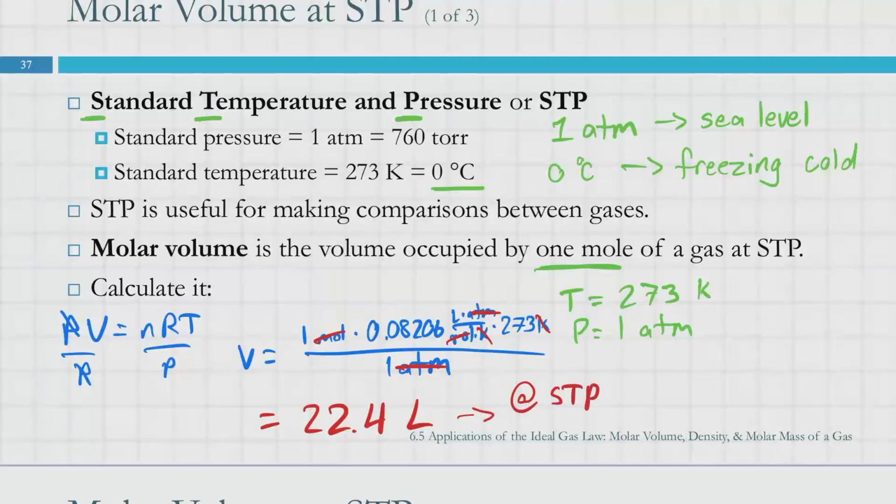So if we're at STP, if we're freezing cold at the beach, 1 mole of any gas has a volume of 22.4 liters. Again, this is an approximation.